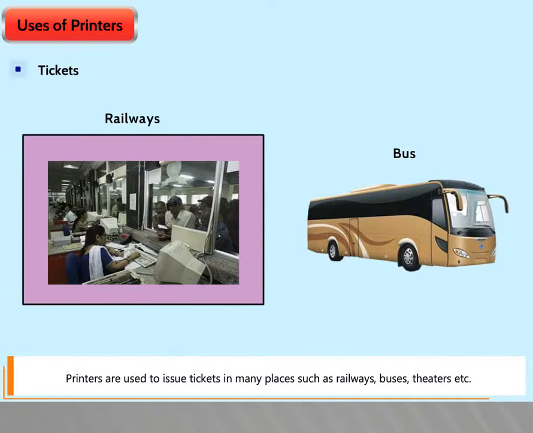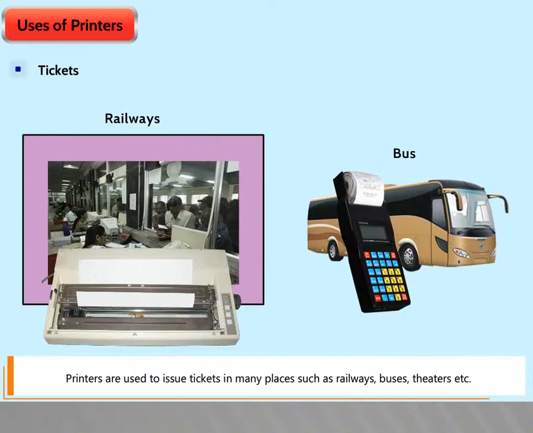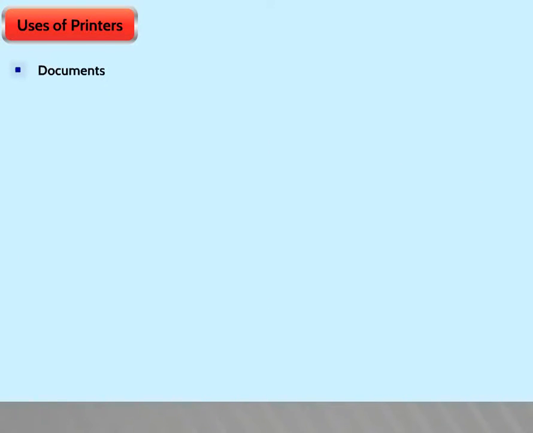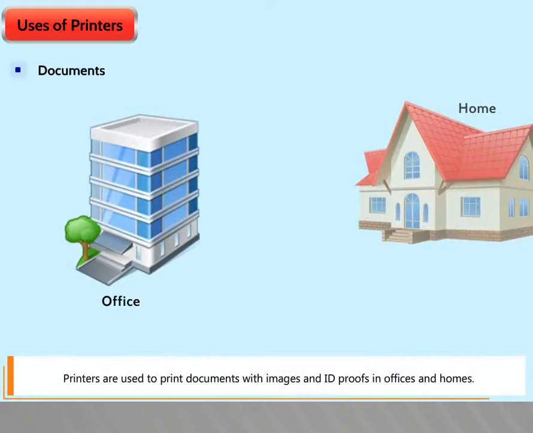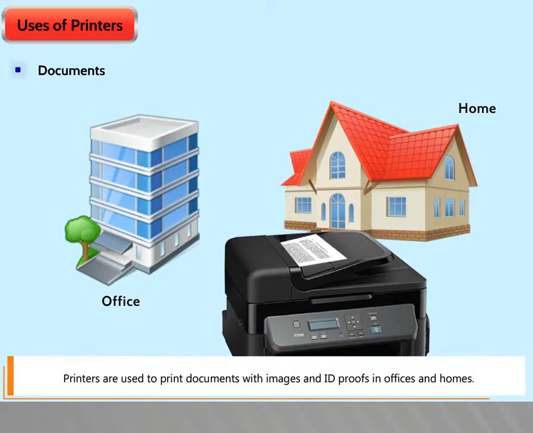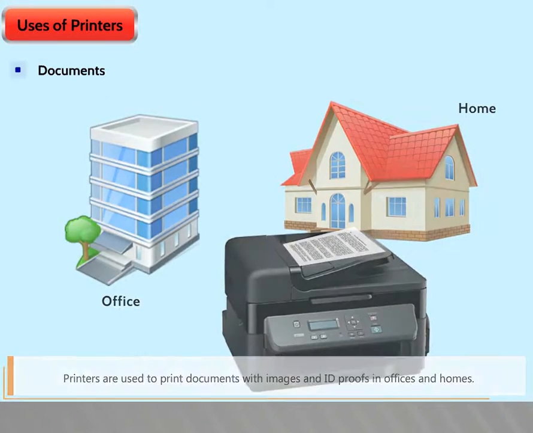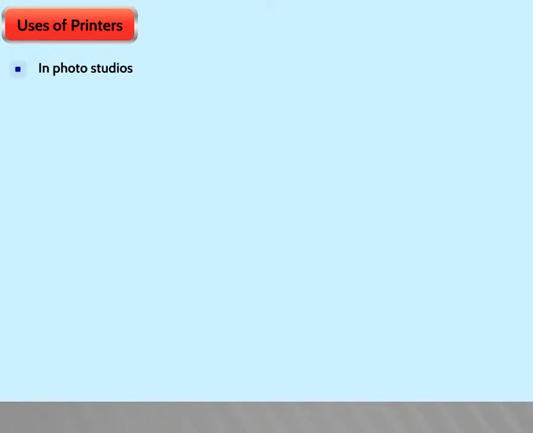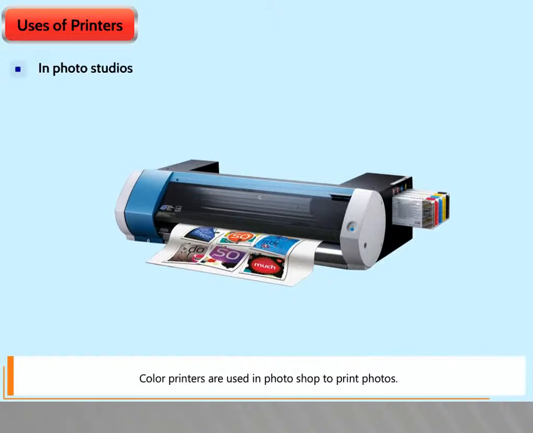Printers are used to issue tickets in many places such as railways, buses, theaters, etc. Documents. Printers are used to print documents with images and ID proofs in offices and homes. In photo studios, color printers are used to print photos.